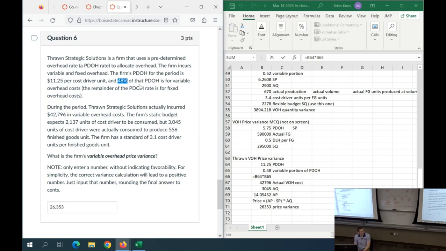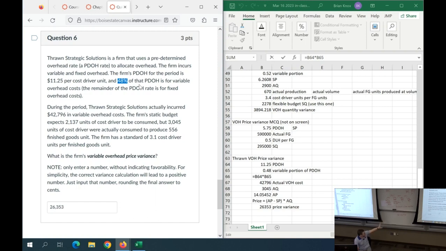Either way, the difference between this and what we did last week is now we have to just work with this overhead. The difference between what we did last week and what we're doing this week with variable overhead specifically.